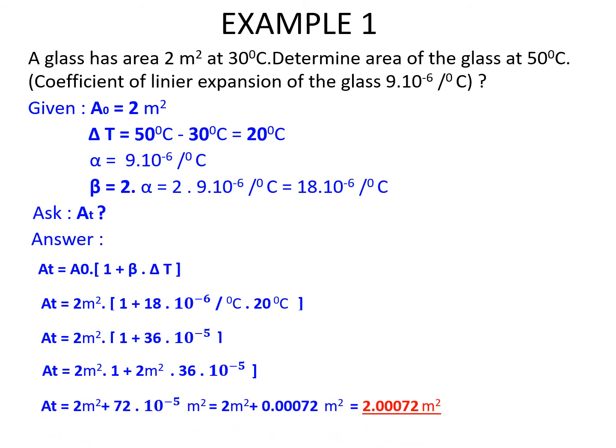So we can get that AT equals 2 meters square plus 72 times 10 to the power of minus 5 meters square equals 2 meters square plus 0.00072 meters square. So we can get the AT or final area equals 2.00072 meters square.